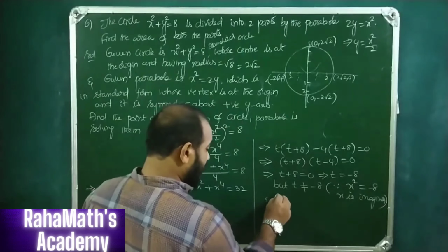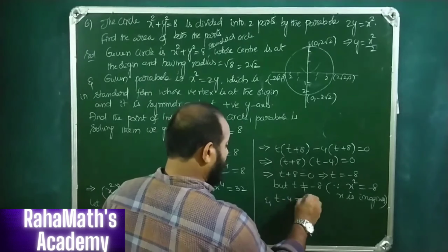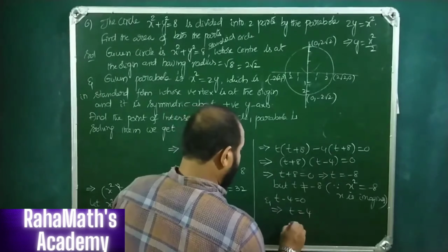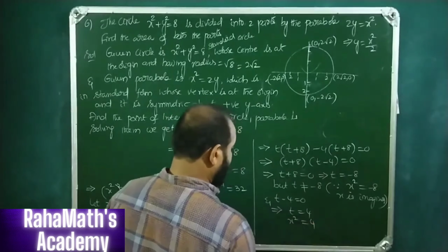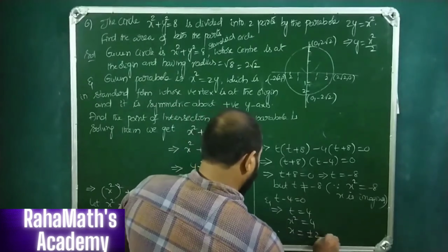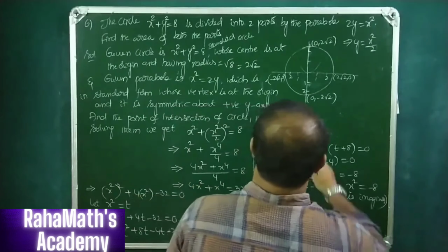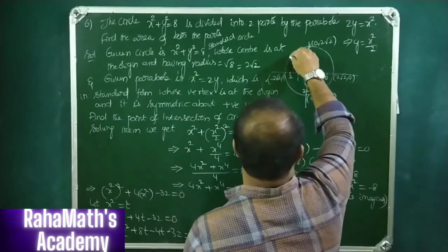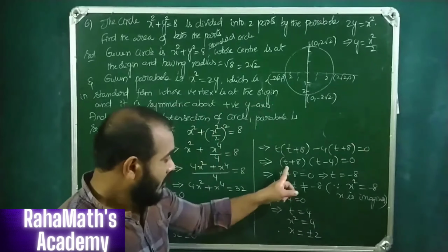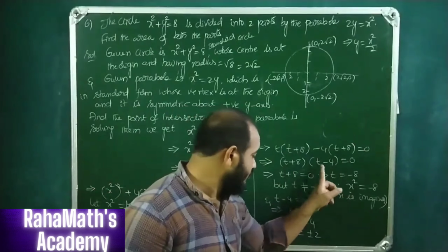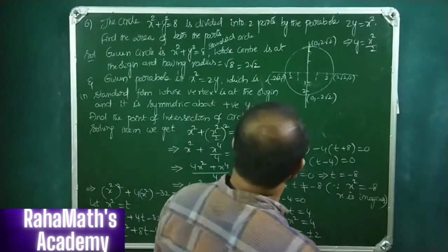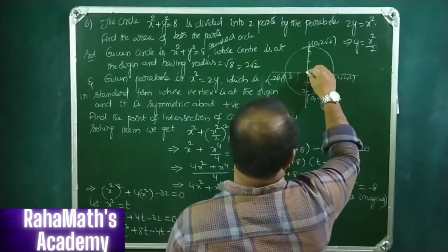And t minus 4 equals 0, that means t equals 4, that means x square equals 4. Therefore x equals plus or minus 2. See, this is t minus 4, so x square equals 4, x equals plus or minus 2. Therefore, this one.